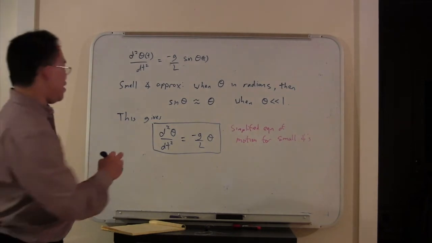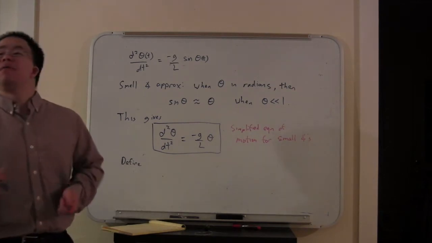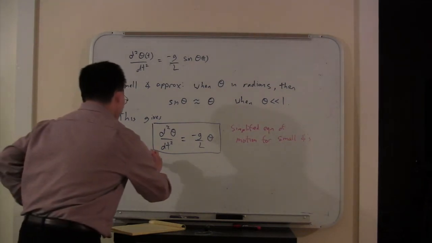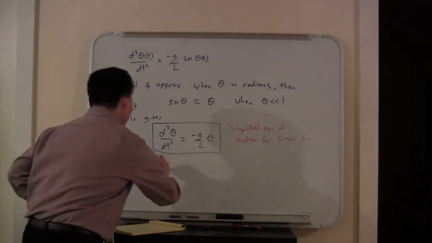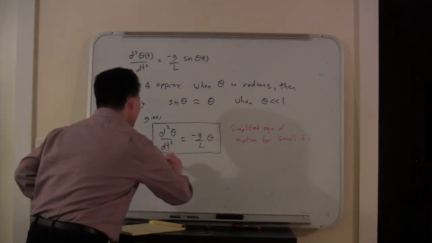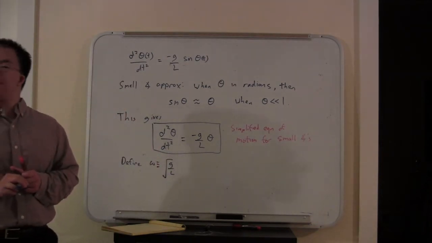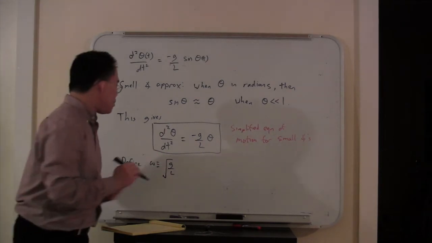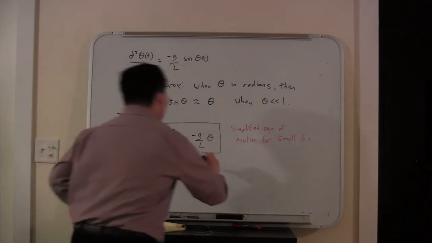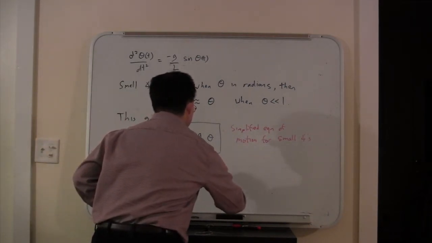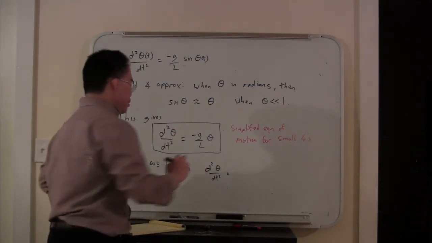I'm going to define a constant, omega. I'm going to define that, Greek lowercase omega, as the square root of g over L. What this means is that my differential equation then turns into d squared theta dt squared equals minus omega squared theta.